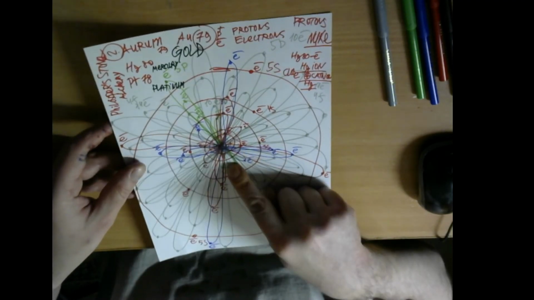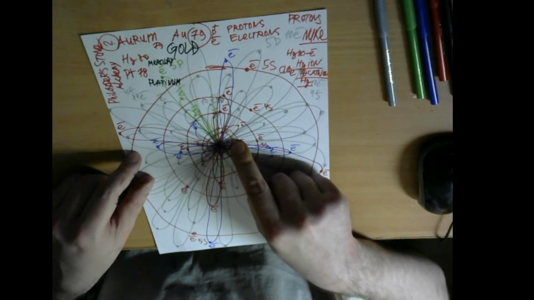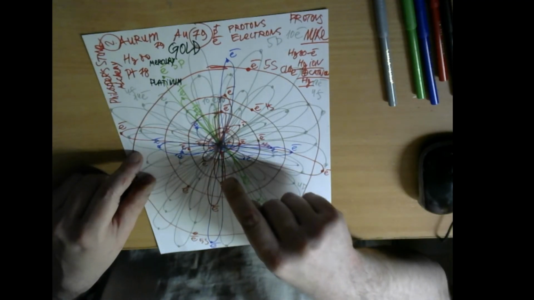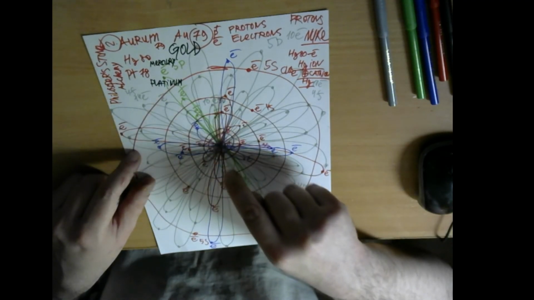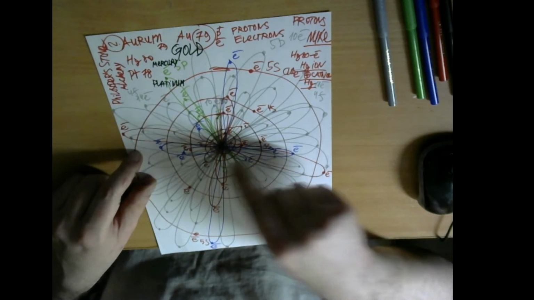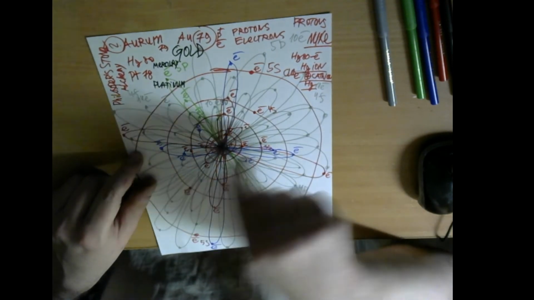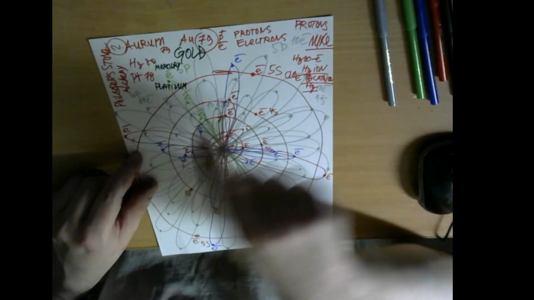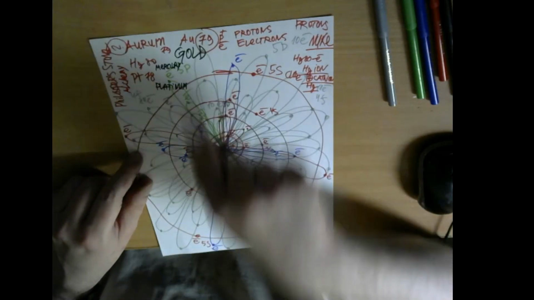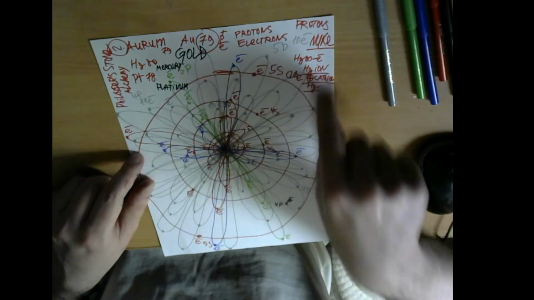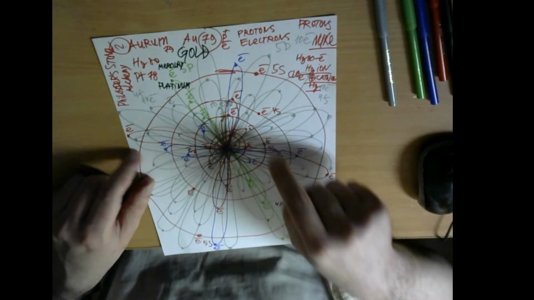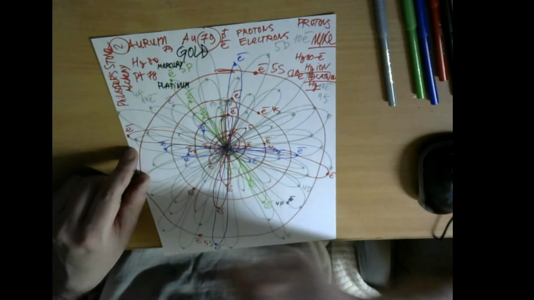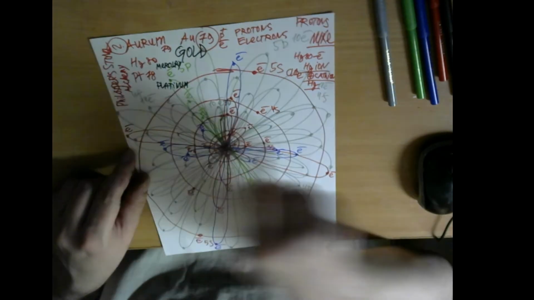Here once again you have your gold. 1s, 2s, 2p, 3s, 3p, 3d in gray, 4s, 4p, 4d, 4f in gray, again very complex, 5s in red, 5p in gray, all over the place, and 5d.